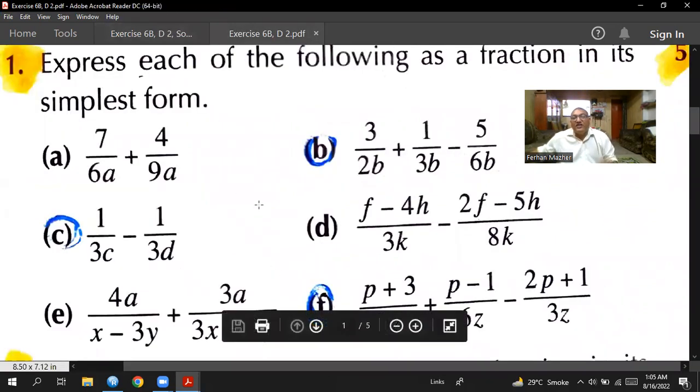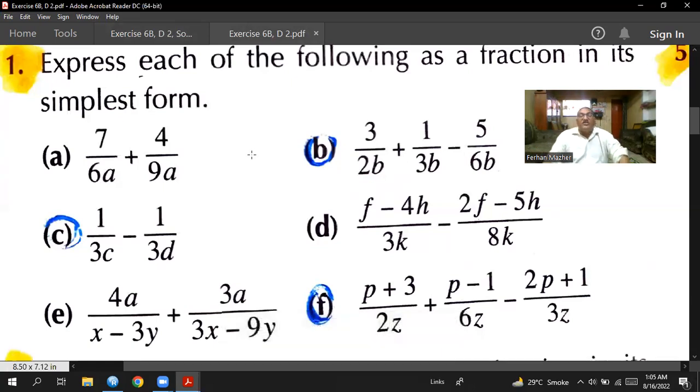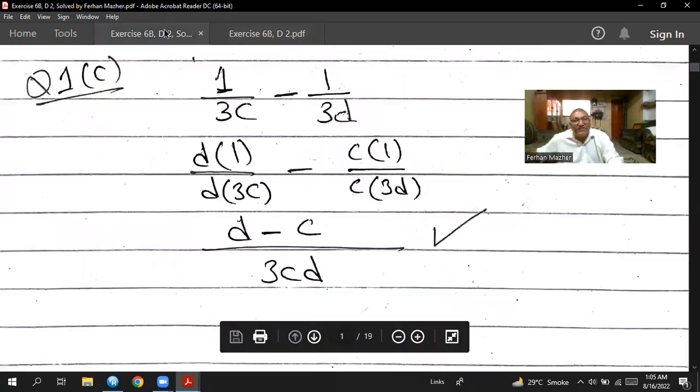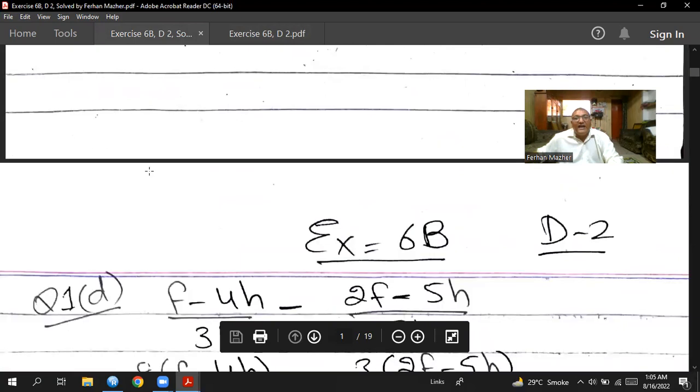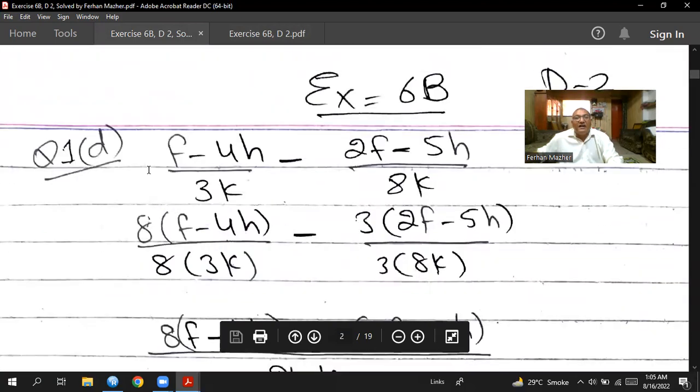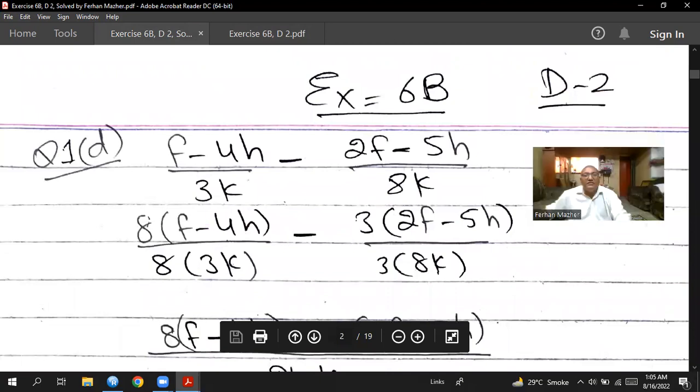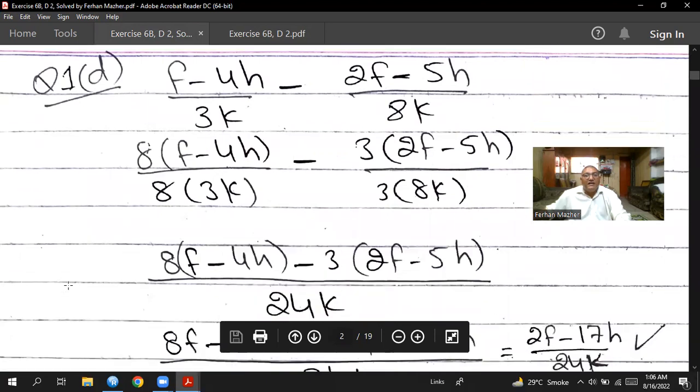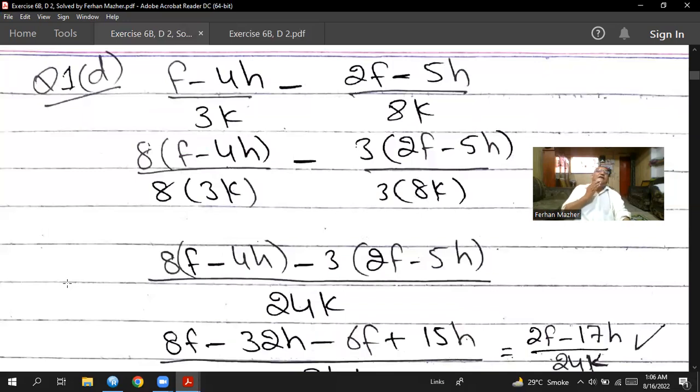Okay, the D part is (f minus 4h) divided by 3k, minus (2f minus 5h) divided by 8k. Here you can make the denominators the same. In the first fraction, you can multiply with 8, and in the second fraction, multiply with 3.